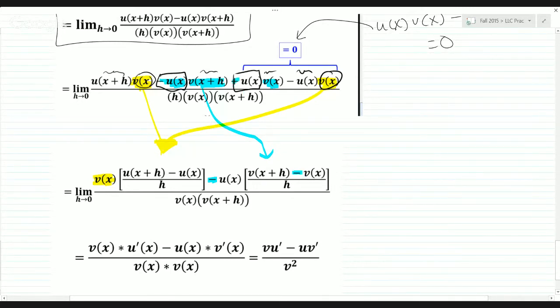So now they just took out a u of x, which was multiplied to a v of x plus h and a v of x. Any questions on that? It's not that tough to see what's going on. Maybe it just takes a moment to sit down and look at what's happening so that you can absorb it and be ready for the exam.